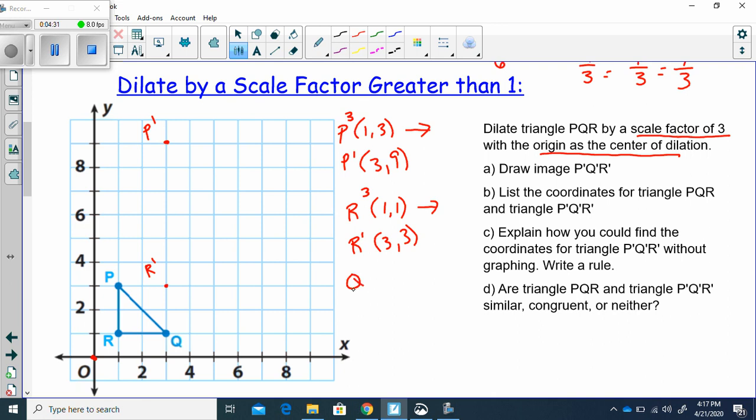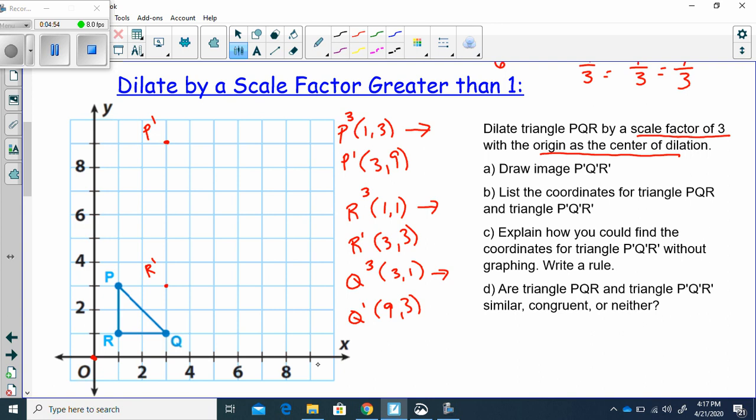Now let's find where Q would be. Q starts at 3, 1. If I'm dilating it by a scale factor of 3, that means I'm multiplying these by 3. That works when you're starting at the origin. 3 times 3 would be 9. 3 times 1 would be 3. Q prime is at 9, 3.